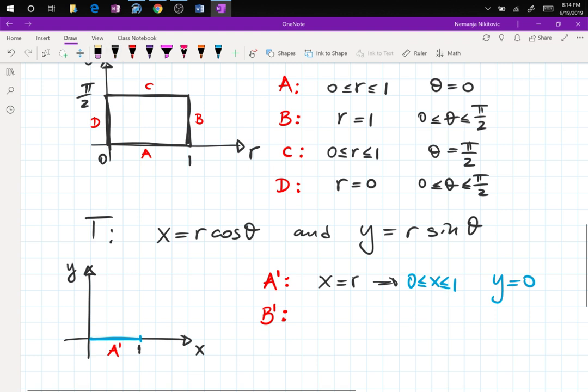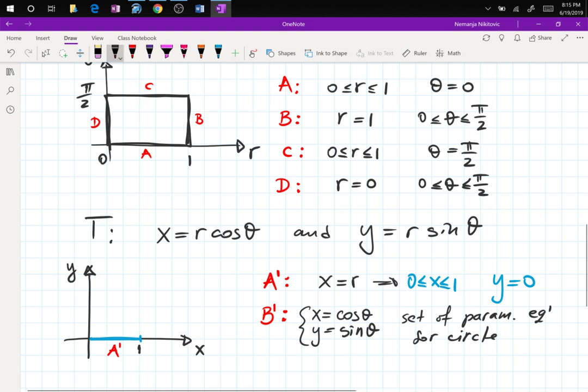So x equals cosine theta, and y equals sine theta is the set of parametric equations for a circle of radius 1.